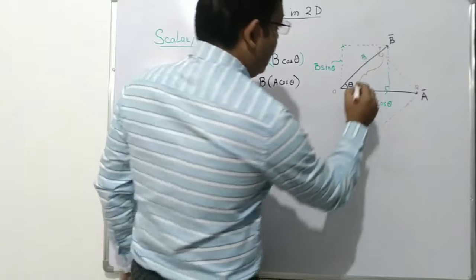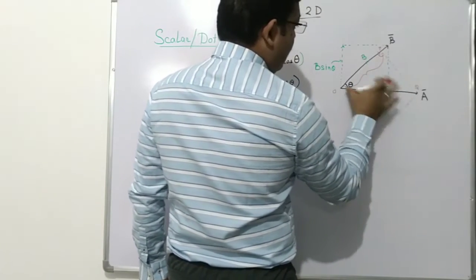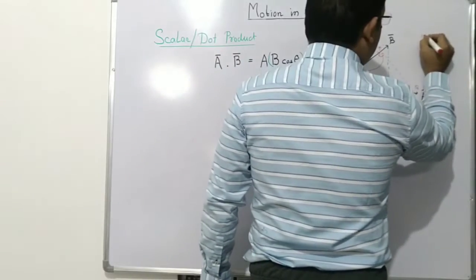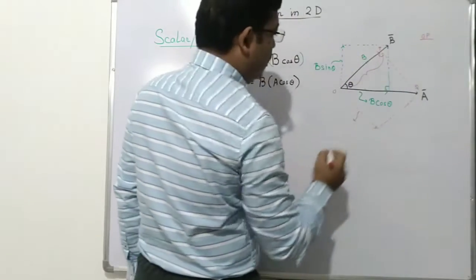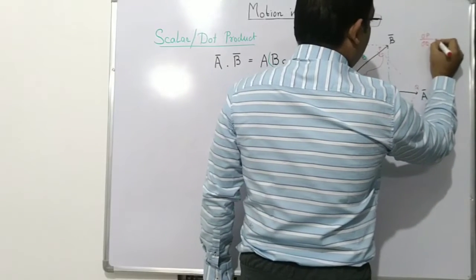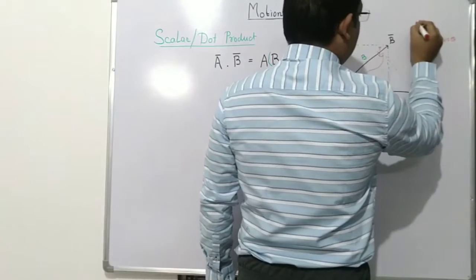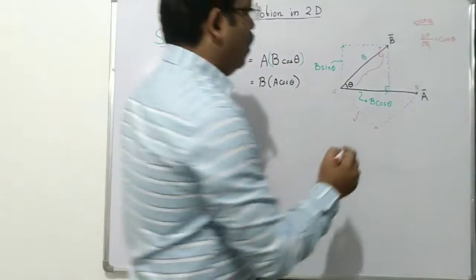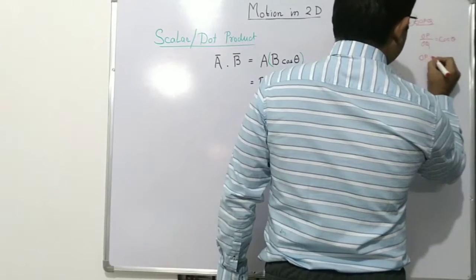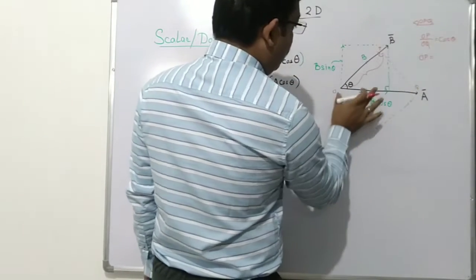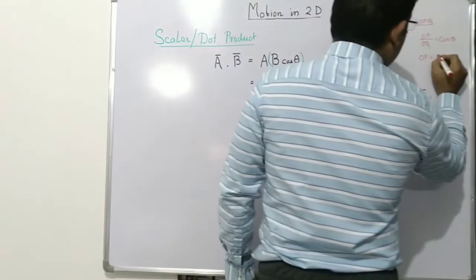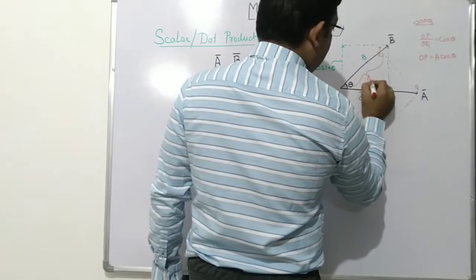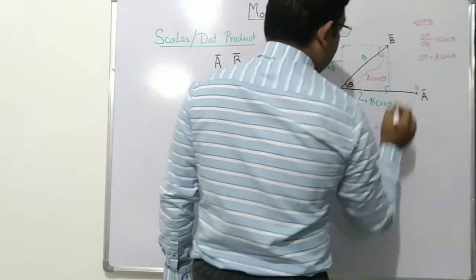So this length, that is OP, divided by OQ, will give us cosine of theta in delta OPQ. Or OP is equal to OQ cos theta. What is OQ? OQ is vector A. So the length of vector A into cos theta. In other words, this is A cos theta.